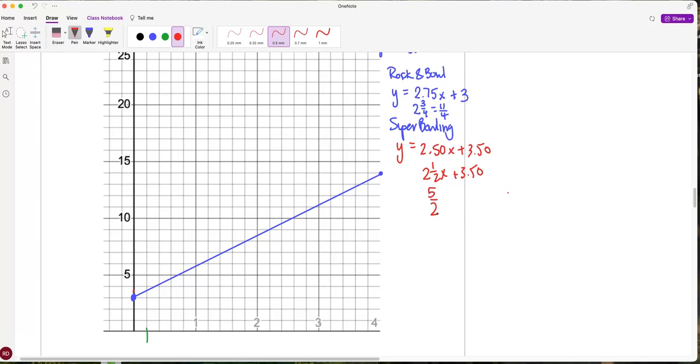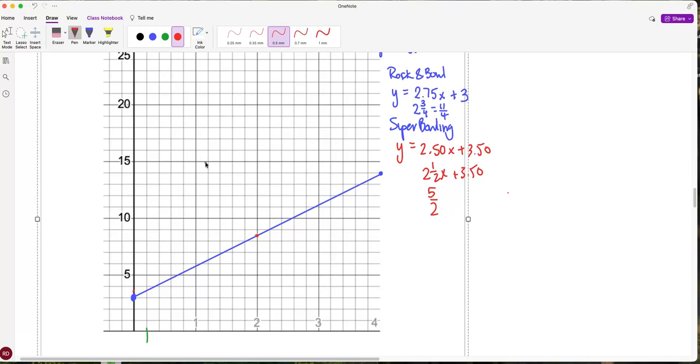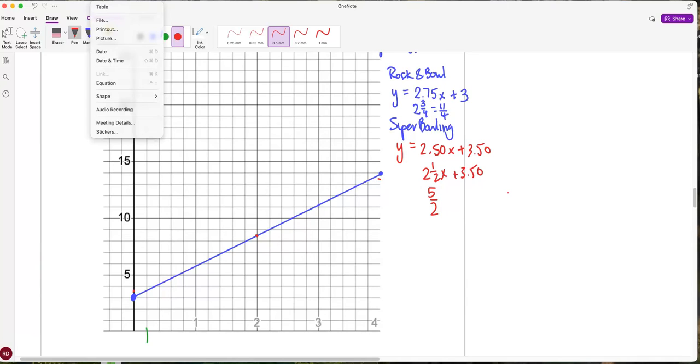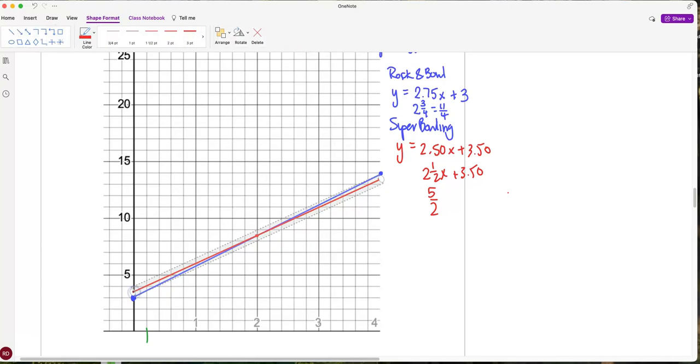So if I were to go up 5, 1, 2, 3, 4, 5, and then over 2, which is sort of right there, up 5, 1, 2, 3, 4, 5, and then over 2 right there. So in this one, something like this, okay, it's going on.